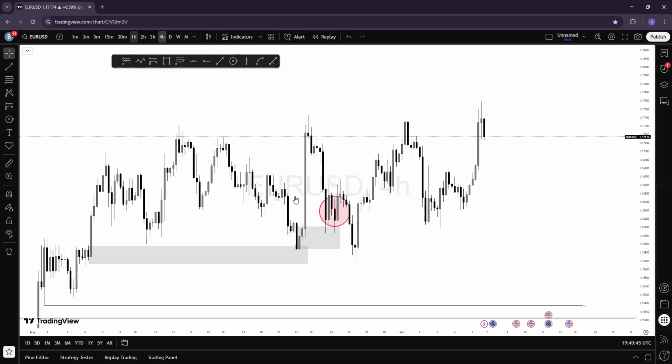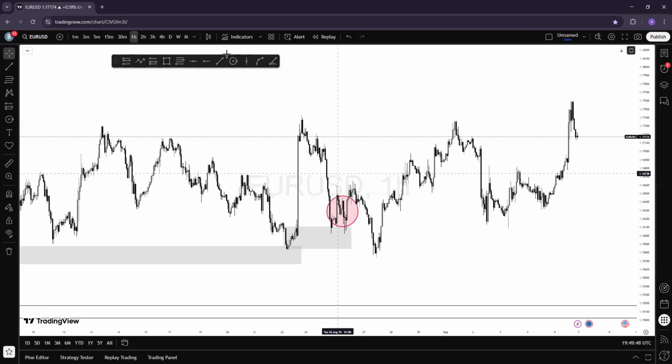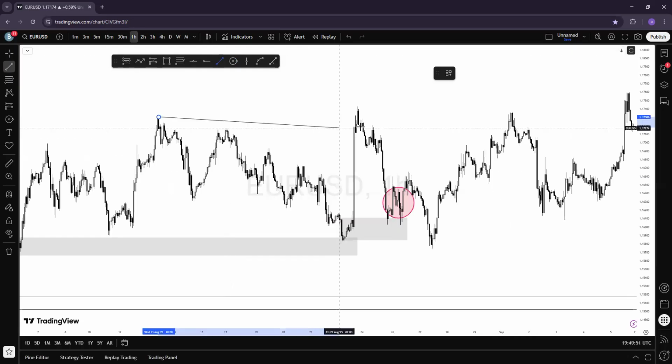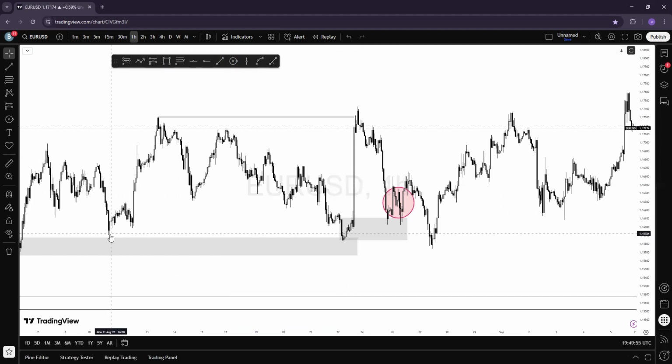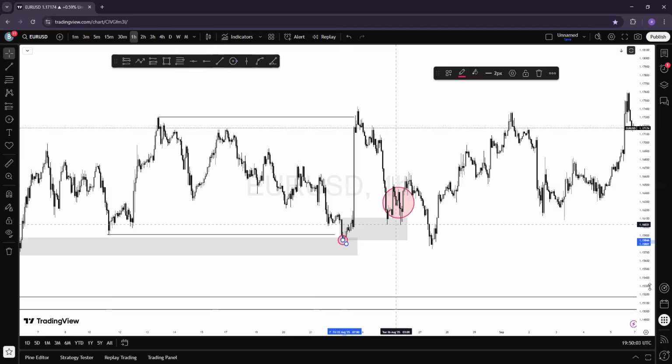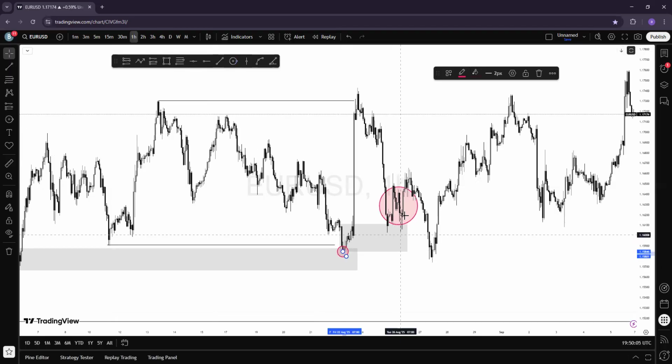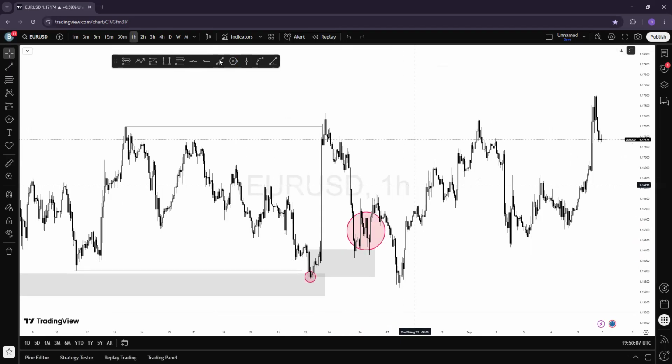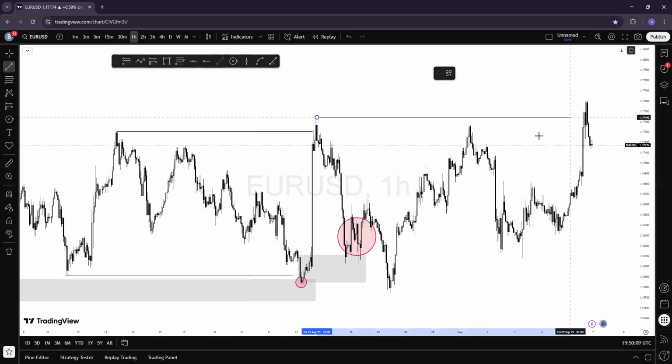Let's check the 1 hour time frame. This is a break of market structure. And then it shows the market has already swept a liquidity here, which makes this point protected. So we should be buying from here. But market only came to manipulate a lot of people and then still went up, still gave us another break of structure.